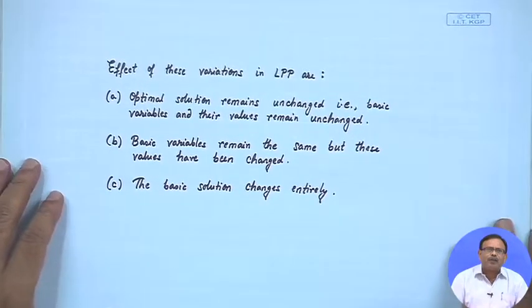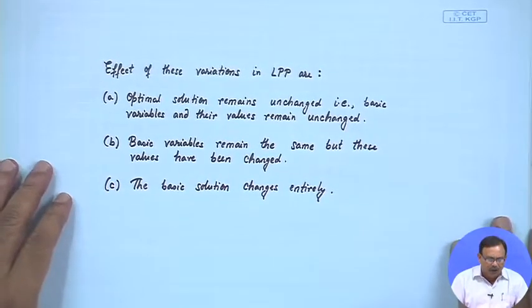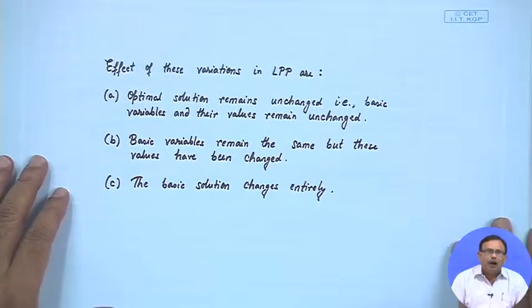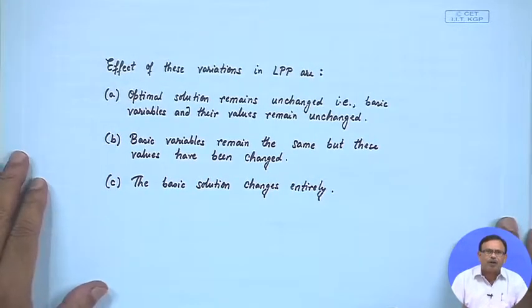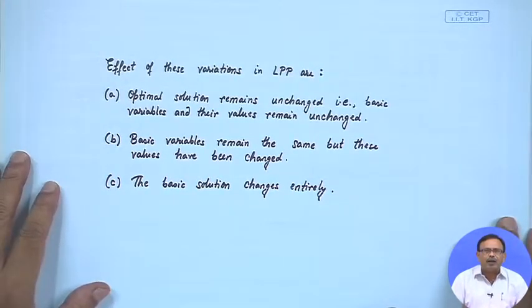What is the effect of these variations? The first effect is that the optimal solution remains unchanged, that is, your optimal solution will not change at all. The basic variables and their value will remain unchanged.